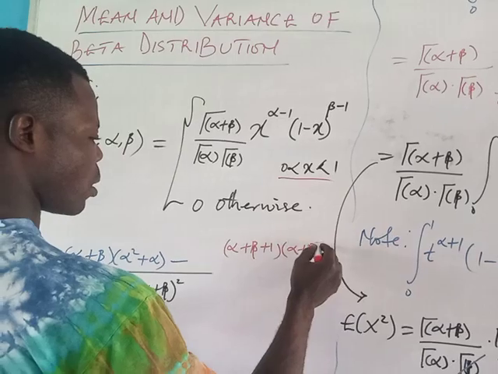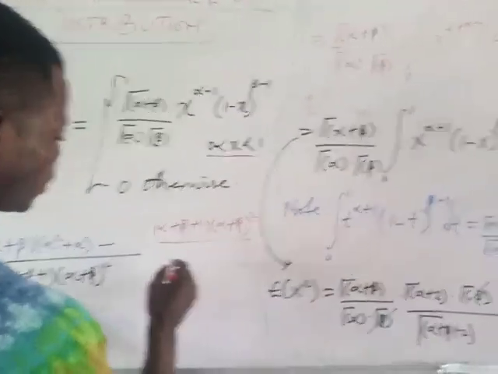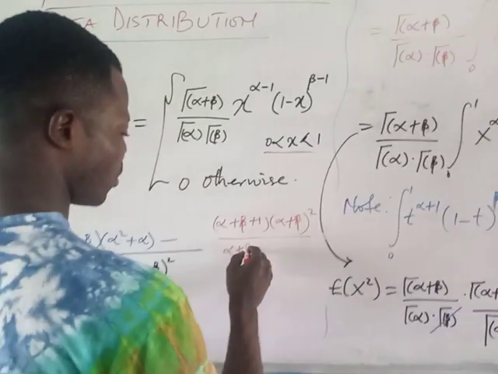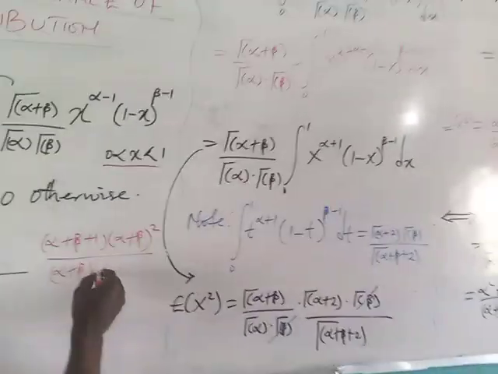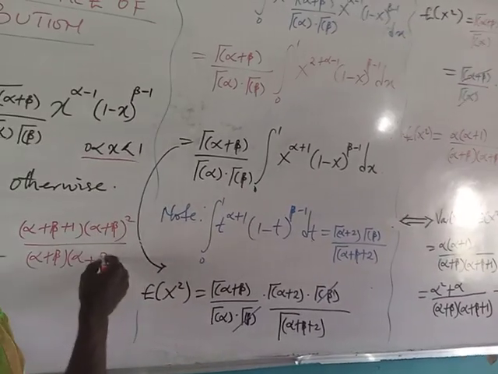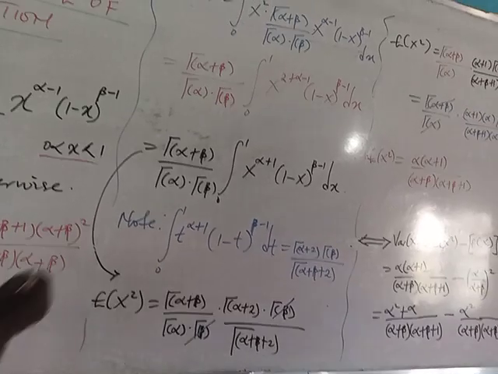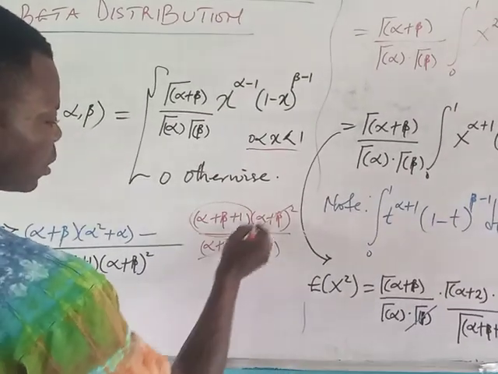Then minus, so this goes in the LCM here, means alpha plus beta plus 1 into alpha plus beta all square divided by that, which is alpha plus beta into alpha plus beta, so to cancel this, simply this remains.